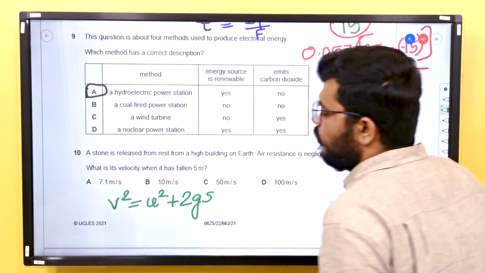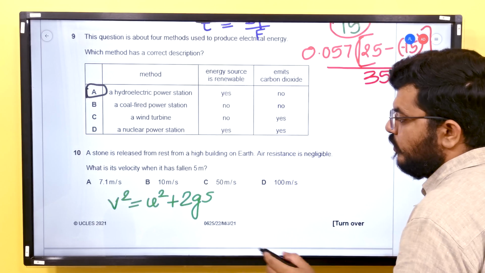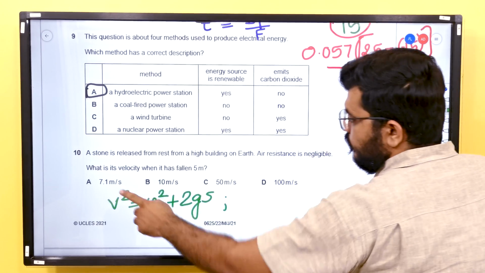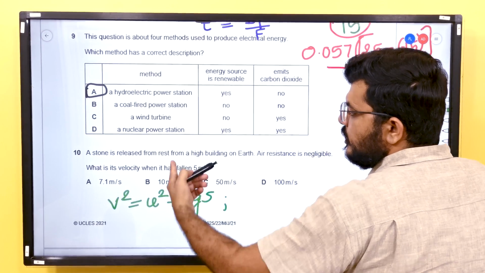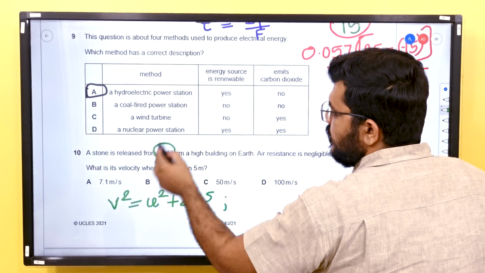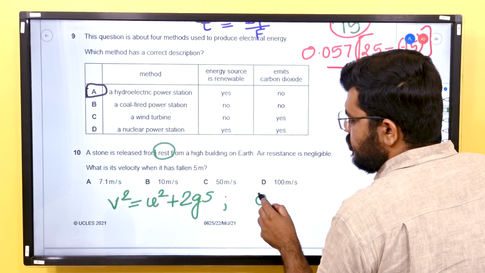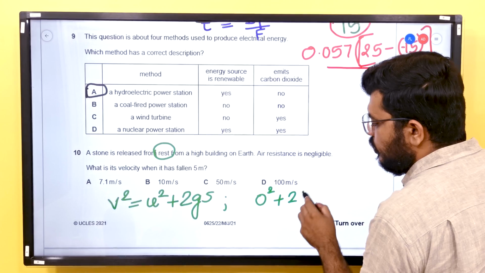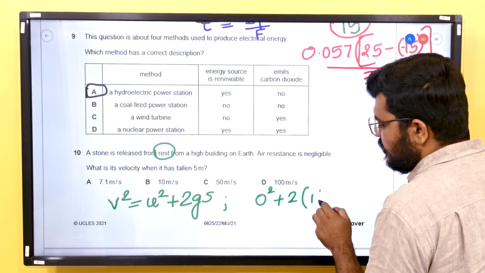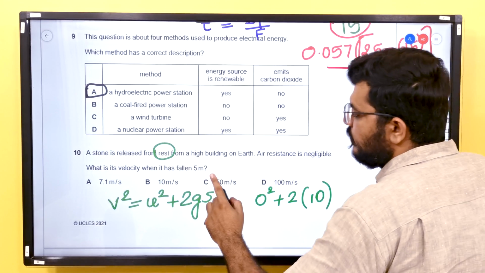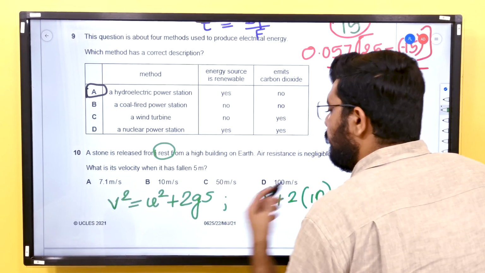This is about falling bodies. We will use this formula, right? So V square is to be found out. U square is 0 because it is released from rest. So 0 square plus 2 G. G can be taken as 10. If it's not given, then take it as 9.8. We'll take it as 10.